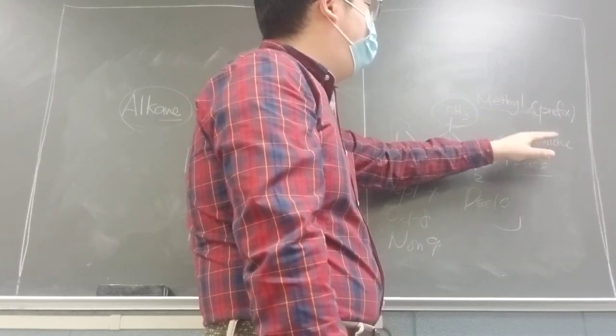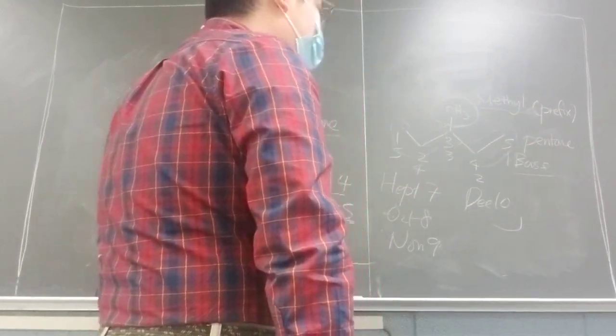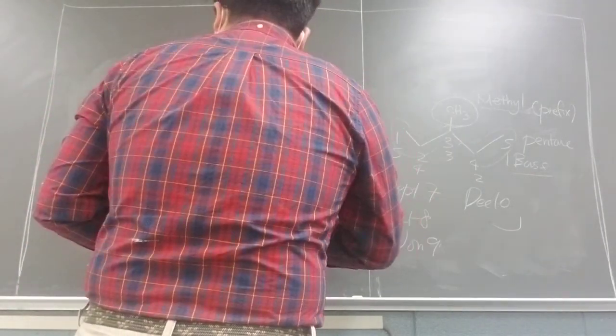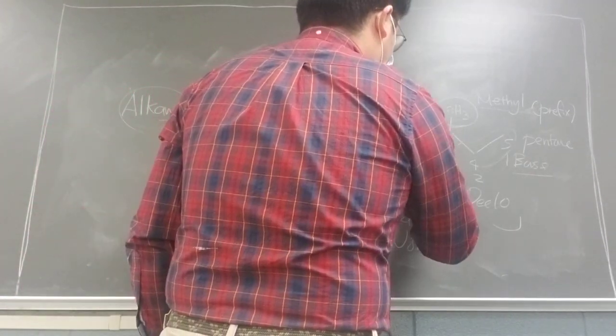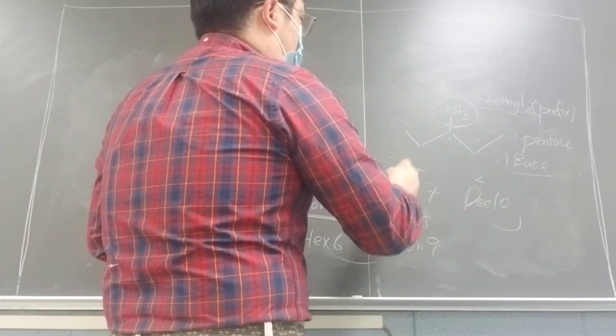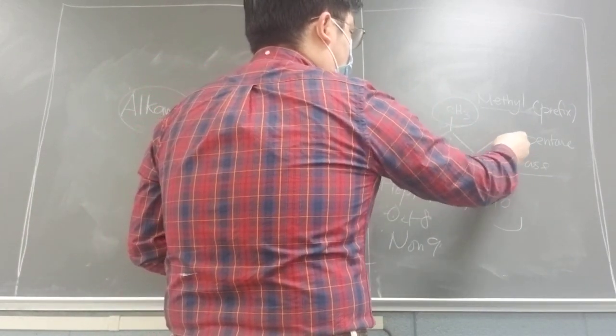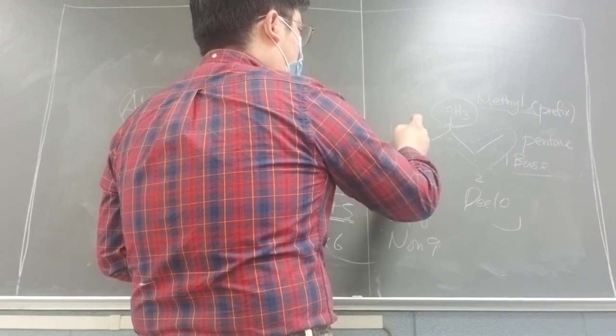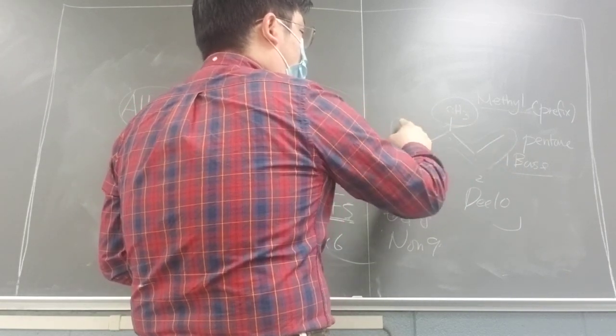I just need the pentane, like, where you got the 3 from. Oh, the 3, yeah. I know this is kind of confusing, because when you find the base, you only need to go from either end.